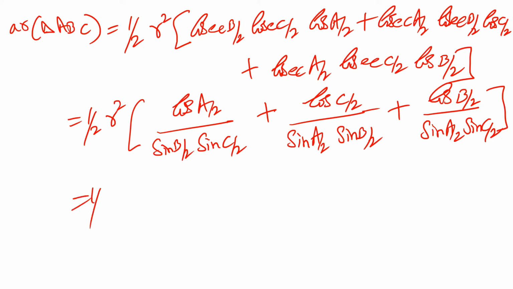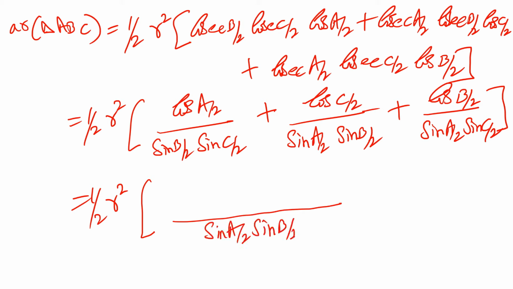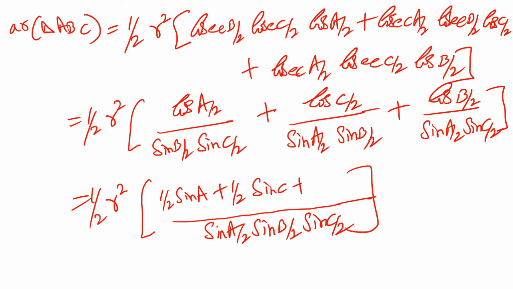Now if we take the LCM of all the terms, we can write here sine A by 2 into sine B by 2 into sine C by 2 as the LCM, and in the numerator we'll be getting sine A by 2 into cos A by 2. Now this sine A by 2 into cos A by 2 is nothing but half sine A, right? So this is just half sine A plus half sine C plus half sine B.